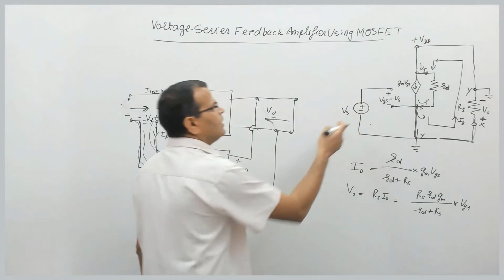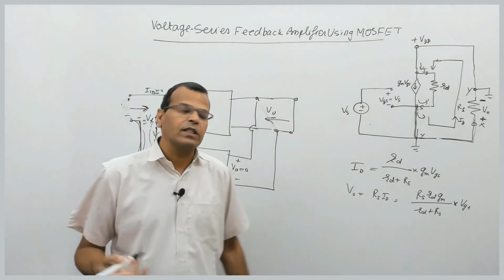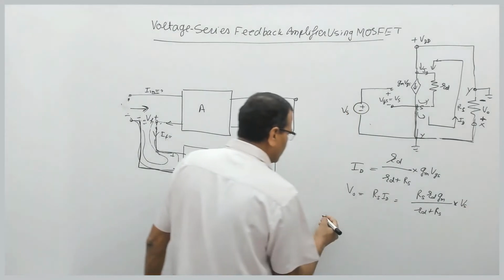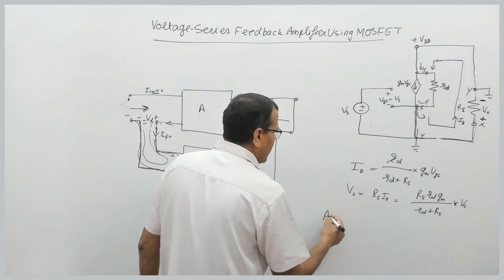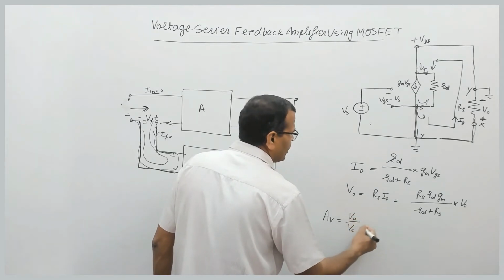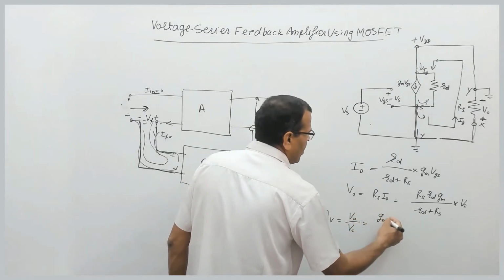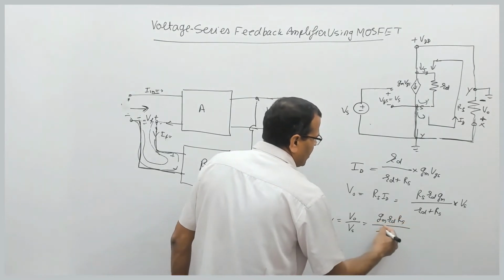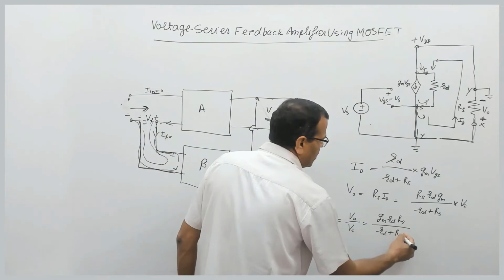And you know what VGS is? VGS is equal to VS. So I will simply write it VS. So what is the voltage gain without feedback? AV is output voltage by source voltage, and that is GM RD RS divided by RD plus RS.